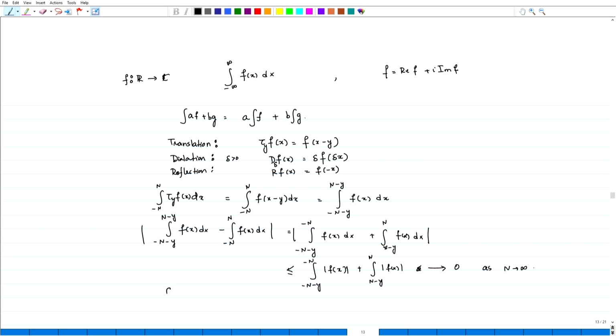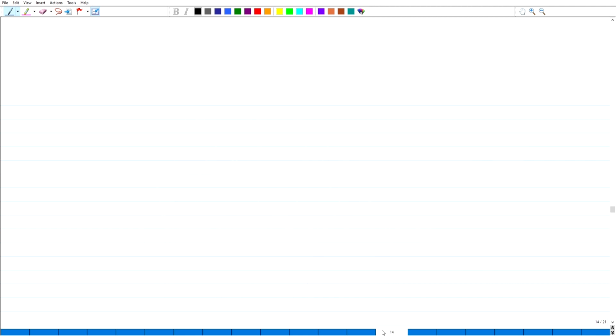So, therefore, what we can write is the integral from −∞ to ∞ of f(x) dx. Similarly, one can easily show that the integral from −∞ to ∞ of D_δ f(x) dx is nothing but the integral from −∞ to ∞ of f(x) dx.